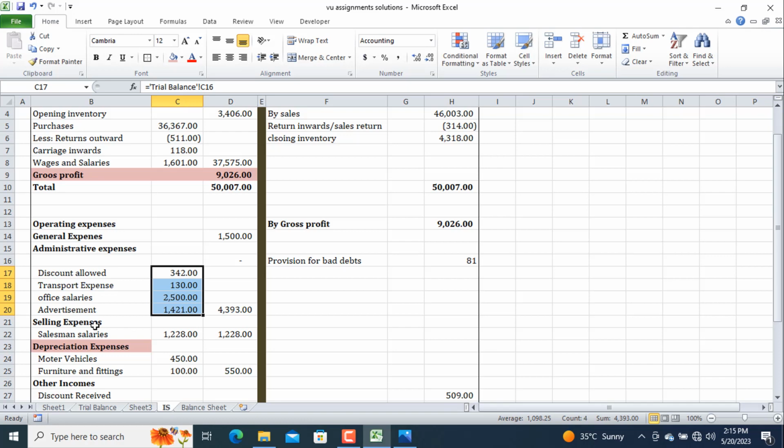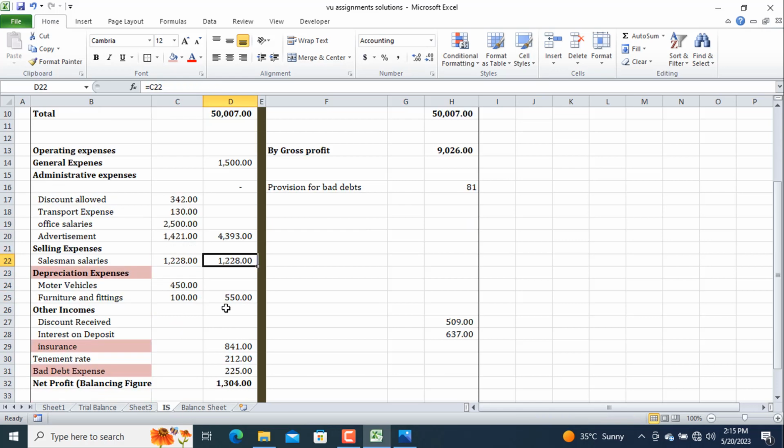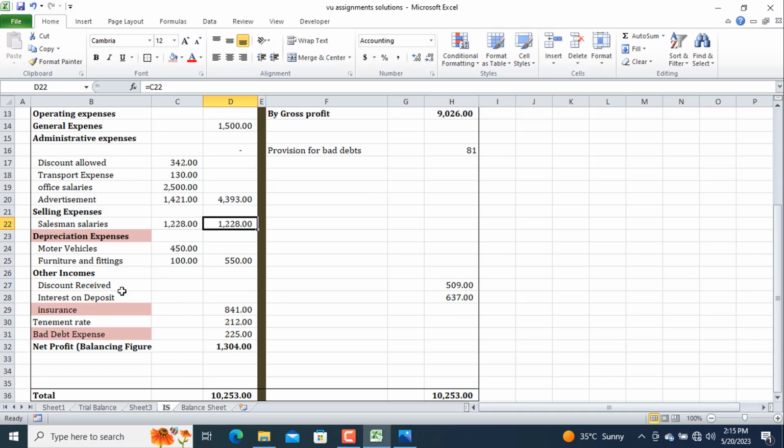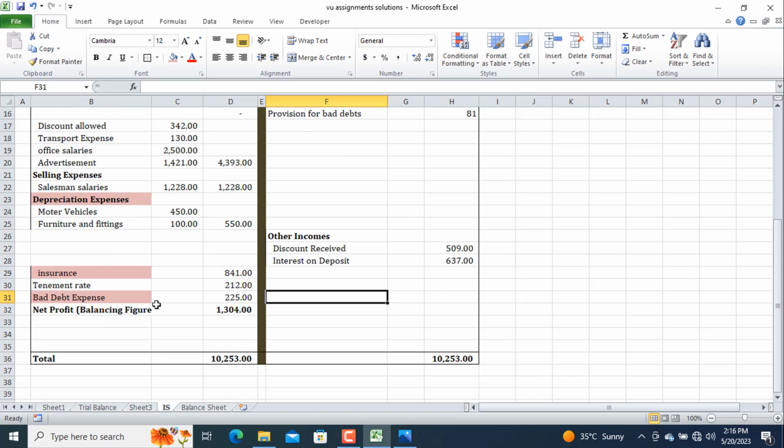This is a total of all these four: 14931. Now selling and distributive expenses. Salesman salaries 1228 here, and depreciation expense on motor vehicle and furniture 550. Other incomes: discount received 5091. You should write it here, not here. So insurance, we have added 130 insurance here, and outstanding insurance as a liability in the balance sheet.